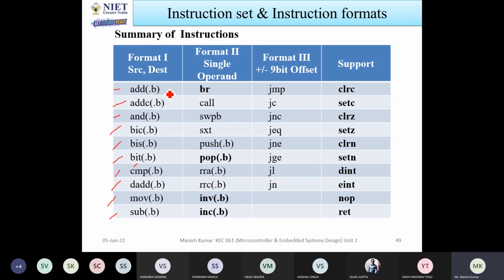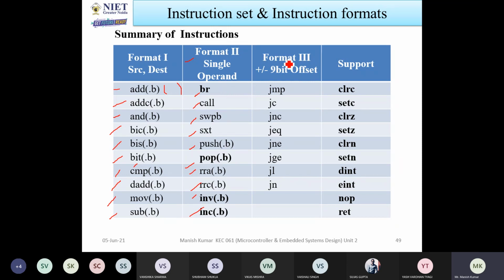It means after this opcode, the operands, source and destination, both will be present in the instruction. In format 2, single operand, the instructions are RRC, CALL, SWPB, SXT, PUSH, RRA, and so on. These instructions are called format 2, which have only a single register in the operand, either source or destination.